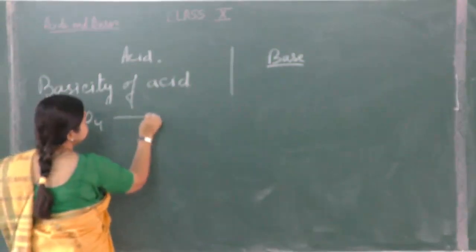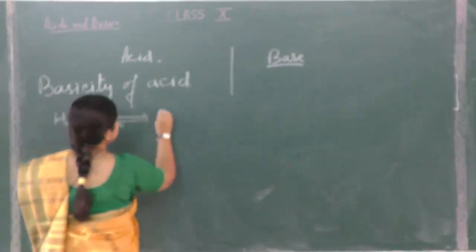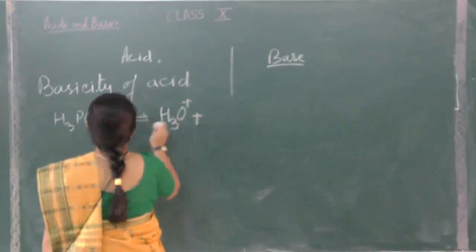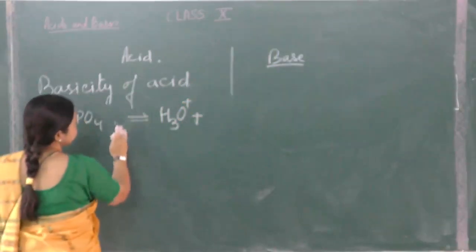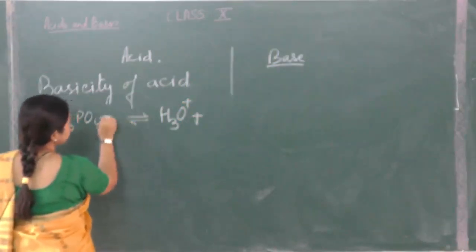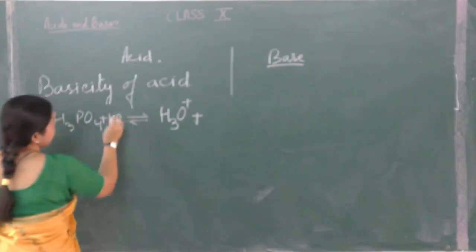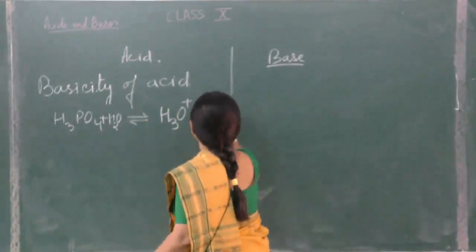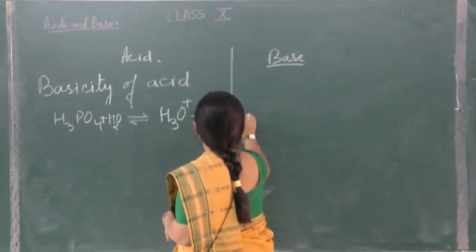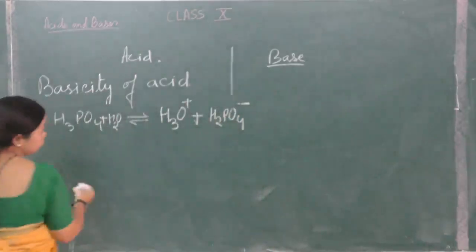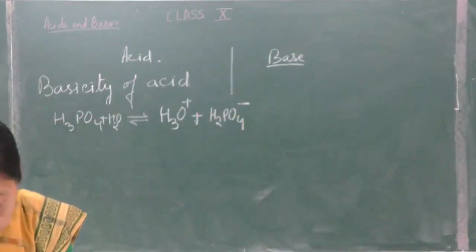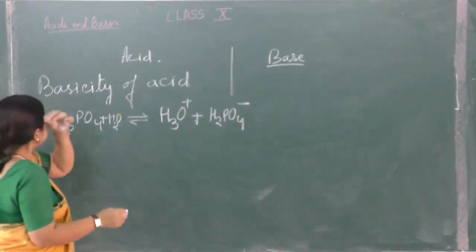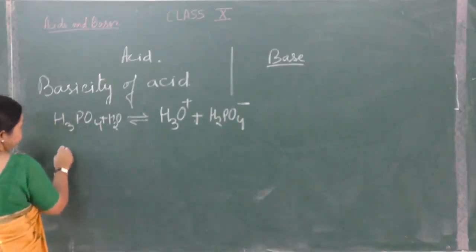It dissociates, this plus H2O of course, into one hydronium ion and the other is H2PO4-. H3PO4, first dissociation, next dissociation.